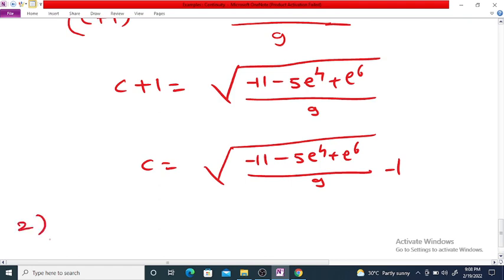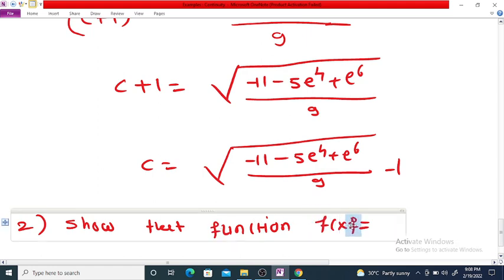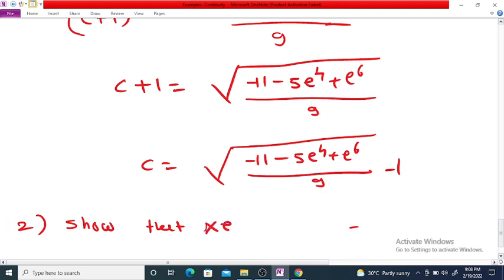Next example, example number 2. Show that x e raised to x is equal to 1 for some x in the interval 0 to 1.